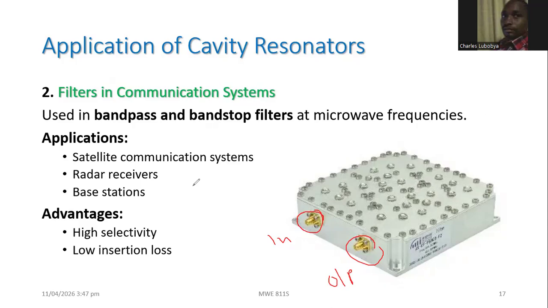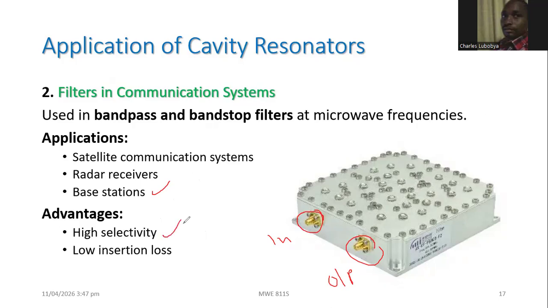These microwave filters are widely used in satellite communication systems and radar systems, to filter wanted and unwanted signals. Base stations in cellular communication all use them. So whether mobile communication, radar communication, or satellite communication, they are widely used. What are the advantages?